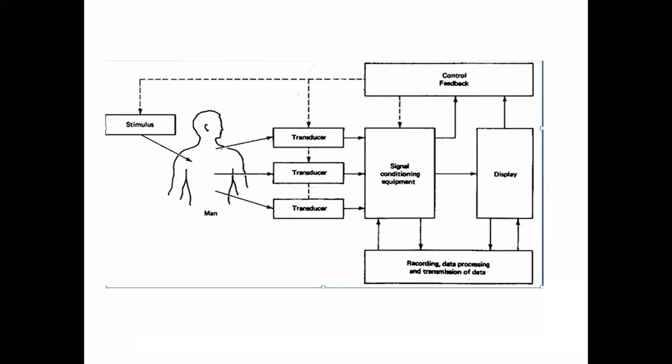If you send this signal directly to the recorder, the recorder is unable to read this information, because to rotate the recorders or to record that information requires much power.